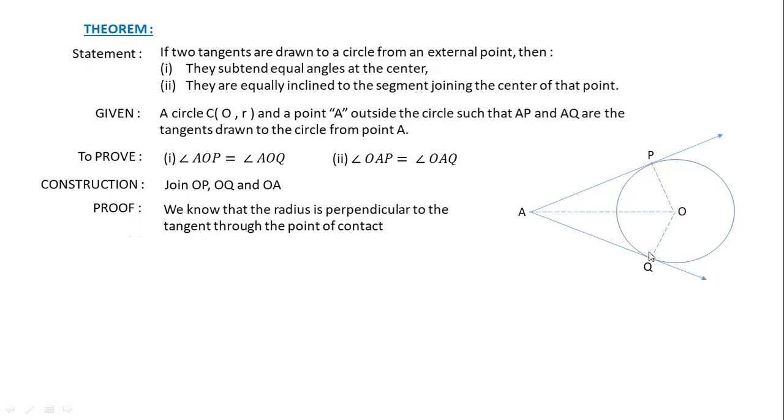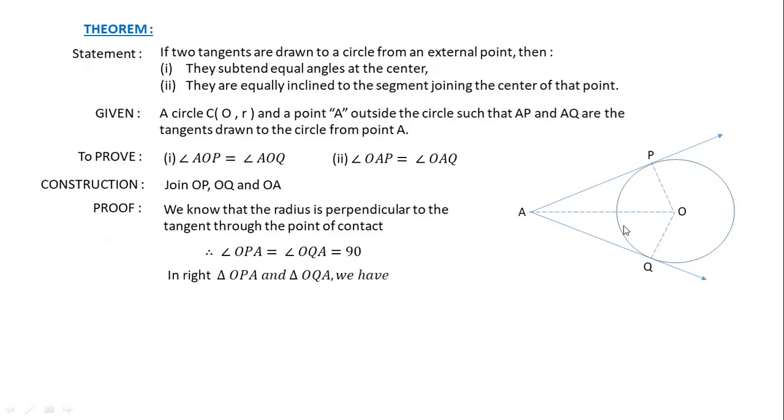Similarly, this is a radius and this is a tangent here, AQ. So it is touching at the point of contact. Therefore, this angle is also 90. So you can conclude that angle OPA and OQA both are 90 degrees.